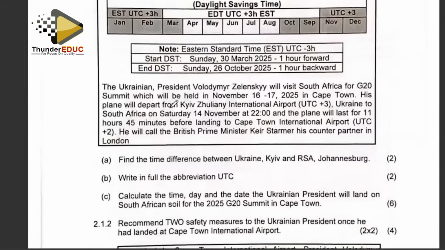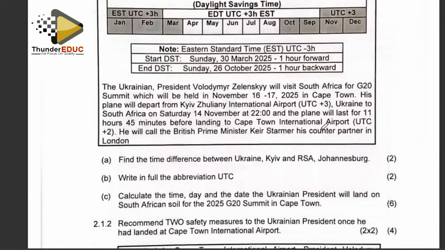His plane will depart from Kiev International Airport, which is in the +3 time zone, for South Africa on Saturday, 14 November at 10 o'clock. The flight will last 11 hours 45 minutes before landing at Cape Town International Airport.